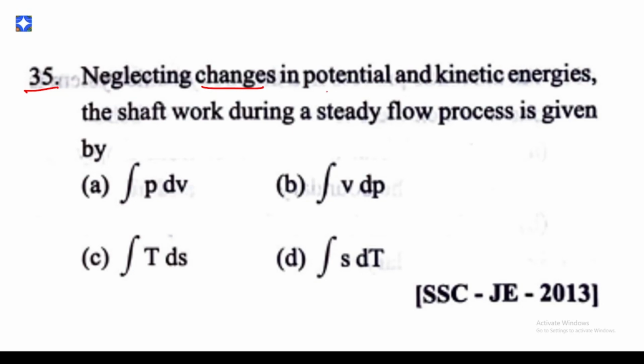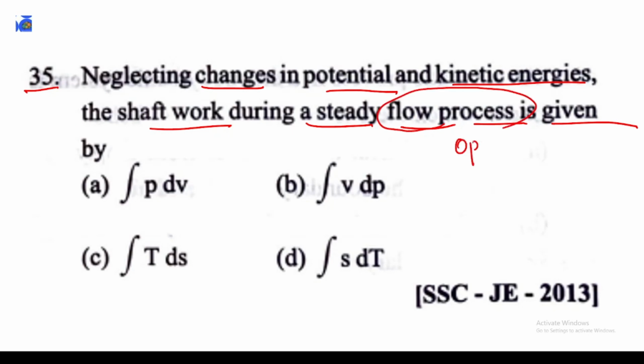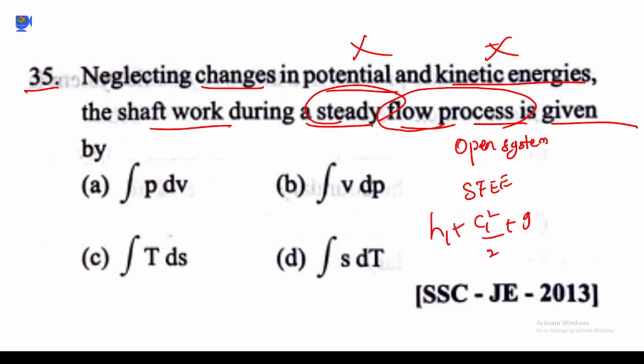Neglecting the changes in potential and kinetic energies, the shaft work during a steady flow process is given. It is a flow process, so it should be an open system. They have given that it is a steady process, so it does not change with respect to time, and they are asking you to neglect the potential and kinetic energy terms. Generally, in the steady flow energy equation, you will have enthalpy, kinetic energy, potential energy, heat in plus W in.